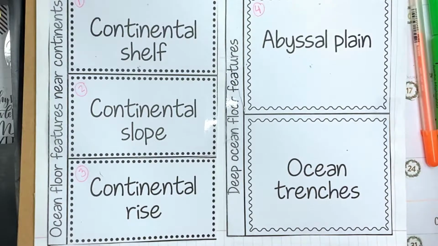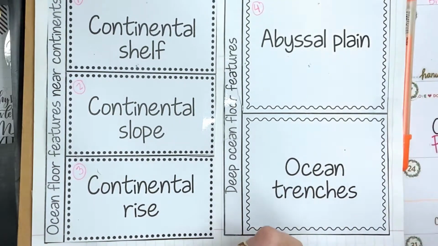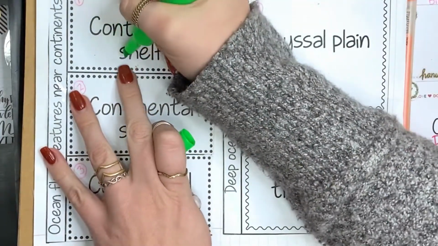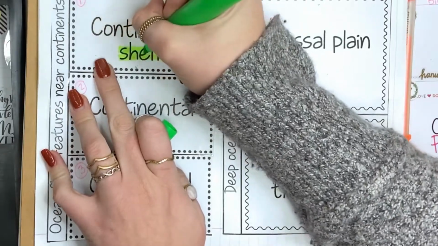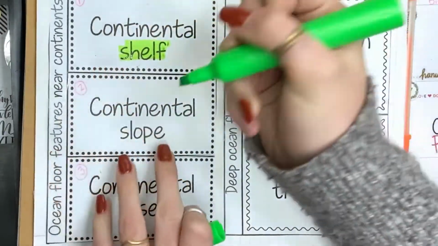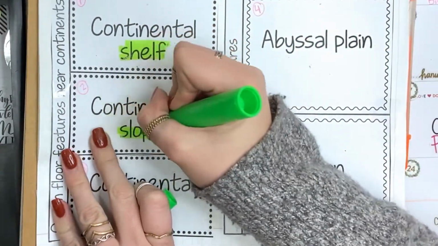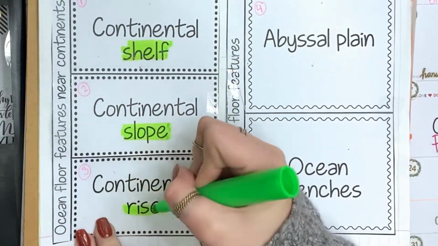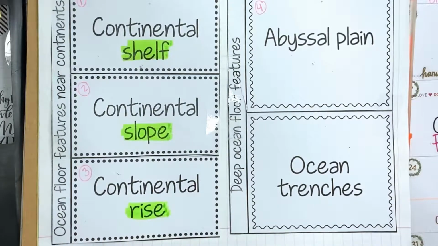So before I even get underneath the flaps, I am going to just highlight some important words. So shelf is first, then after that is slope, then after that is rise.